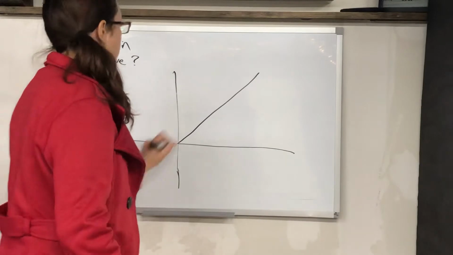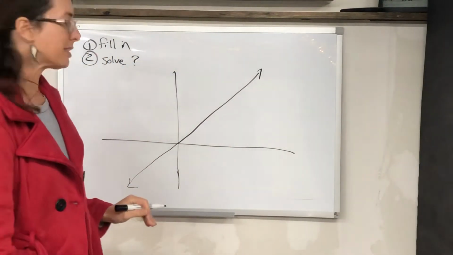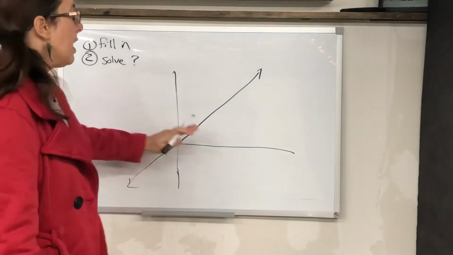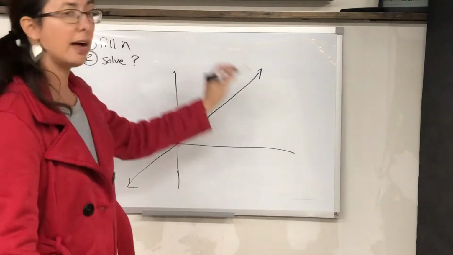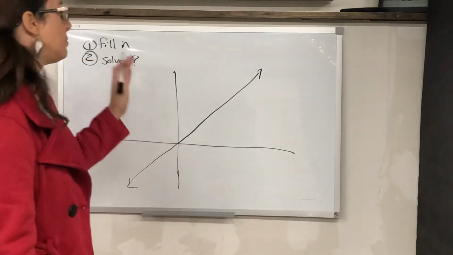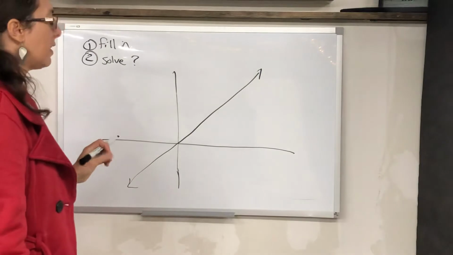Lines go on in every direction, right? In both directions without stopping. There's different lines. And lines can be climbing up a hill. Lines can be going down a hill. Lines can be vertical. Lines can be horizontal. So we can have all different kinds of lines.